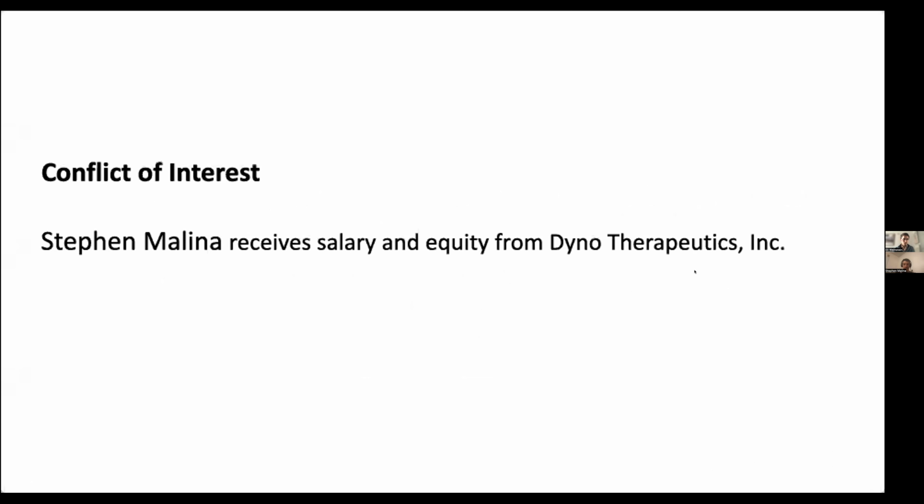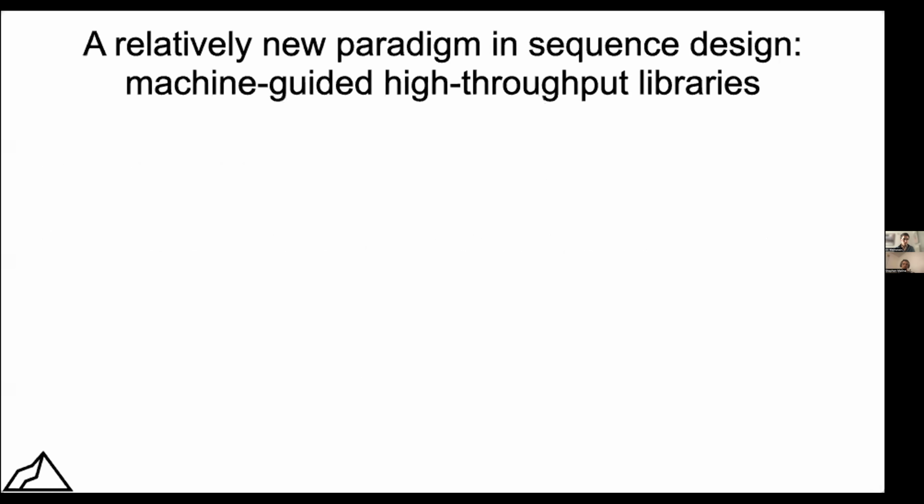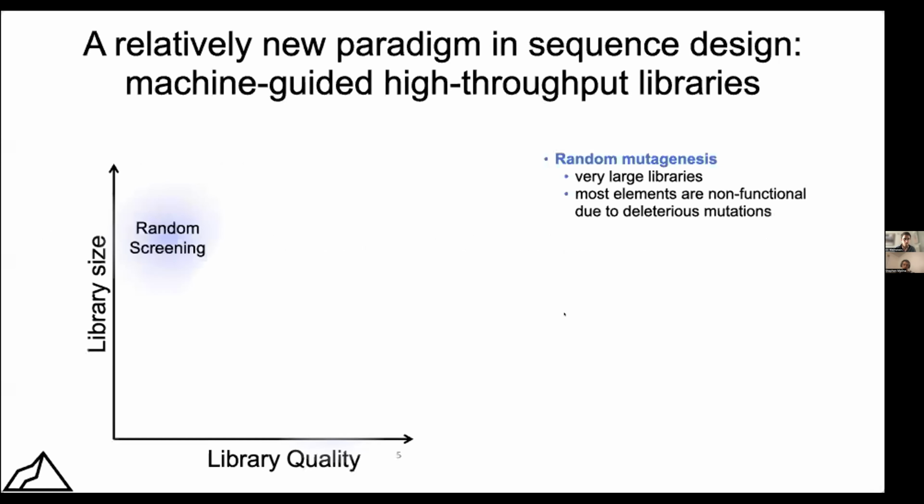Okay, this is my conflict slide. So historically, biological sequence design, which again is what we're going to be talking about today, has had two paradigms. On the high library side, lower average quality side, we have random mutagenesis, which produces very large sequence libraries that we can measure, but most elements tend to be non-functional because we don't have anything guiding the mutation.